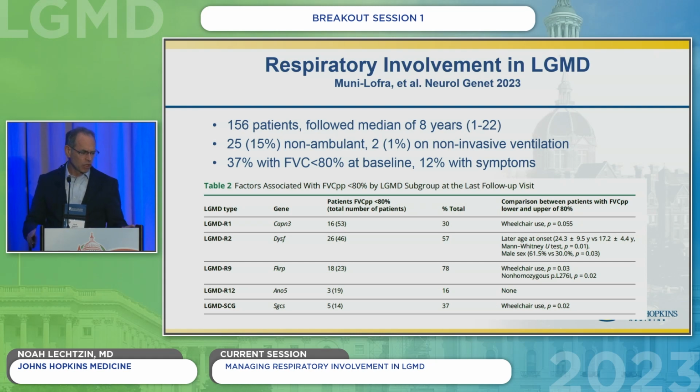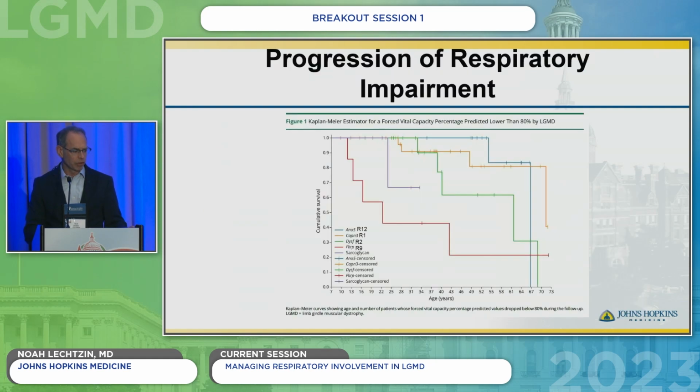And so I think this just shows there's quite a spectrum between the different subtypes. But one thing that's worth keeping in mind is even within the subtypes, there's a spectrum. And so you can't just say, oh, you have R12, you're not going to have respiratory muscle problems. It still does happen. And so, again, we just need to be alert to that and pay attention and look for these issues.